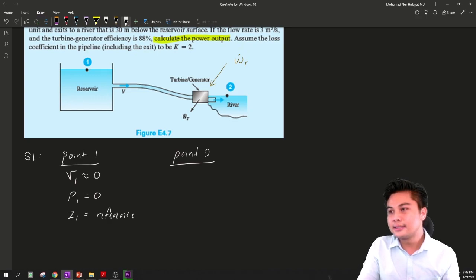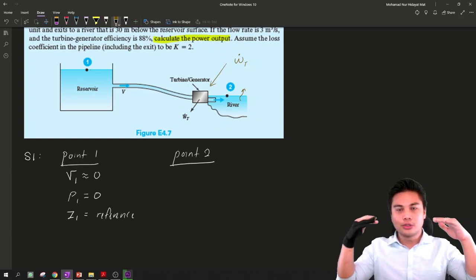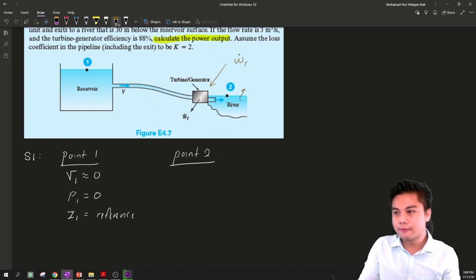The velocity increment of water is very small because the river is very large, so it is very difficult to see the velocity increase or decrease. We assume that velocity 2 is almost 0, and pressure 2 is atmospheric pressure, 0, because it is exposed to the atmosphere.